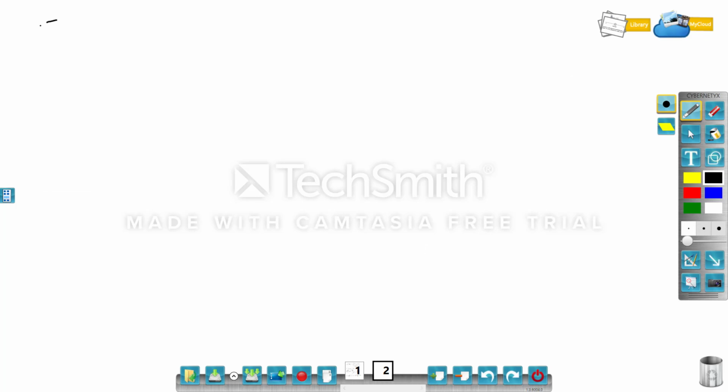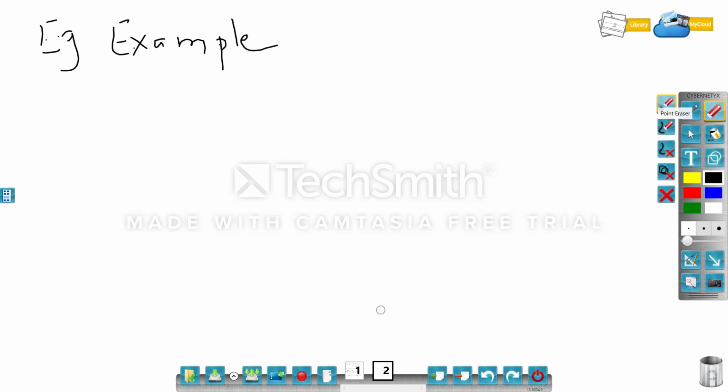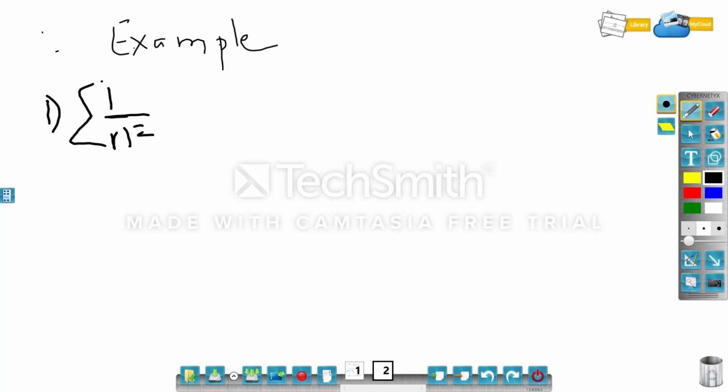So, for example, you could see that the series 1 upon n square is convergent.